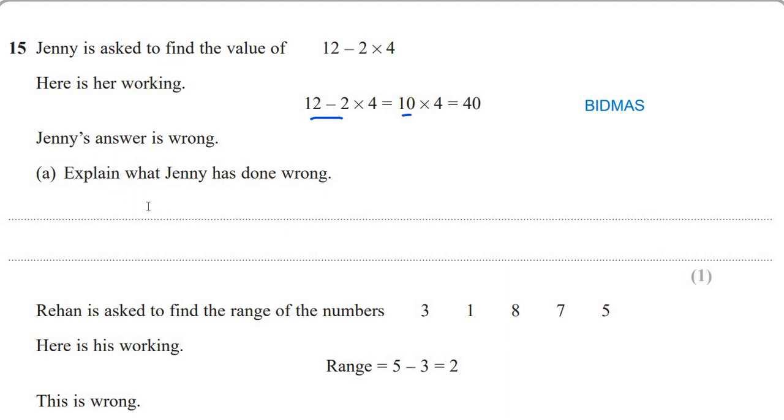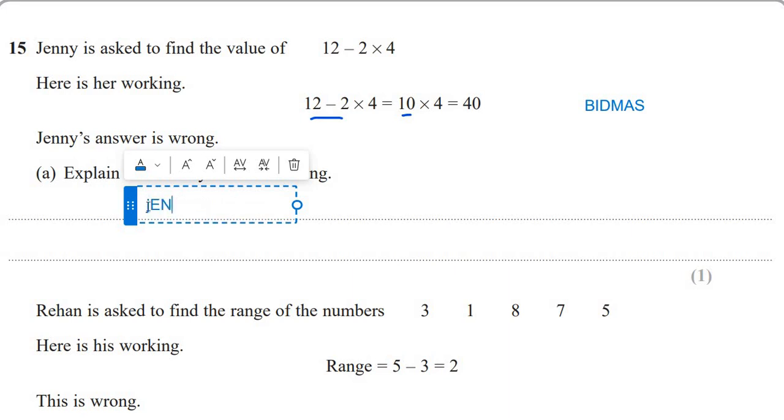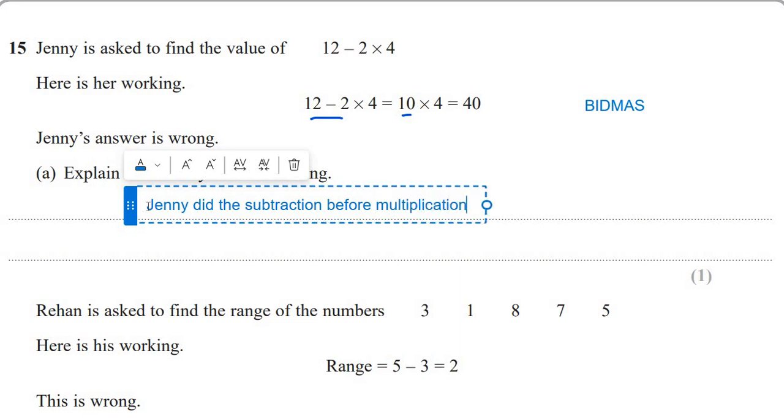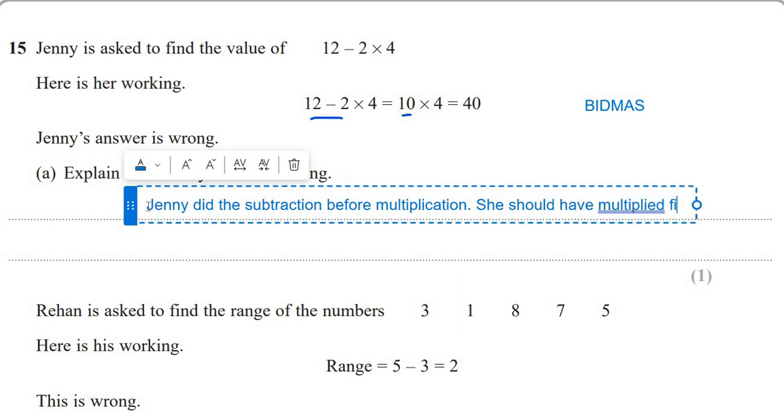So you can say that Jenny did the subtraction before multiplication. She should have multiplied first.